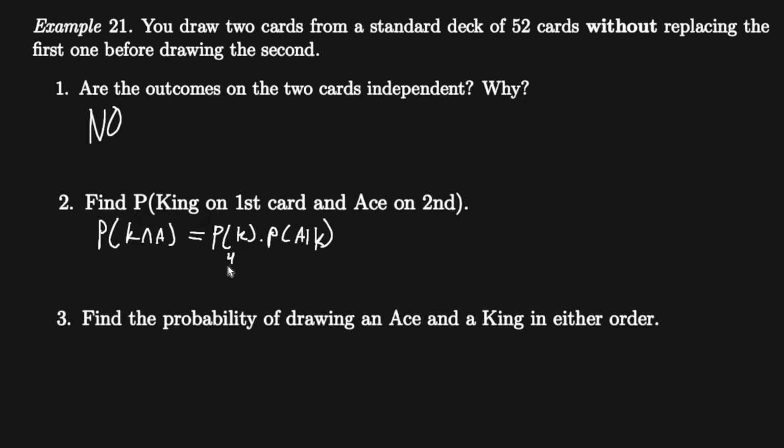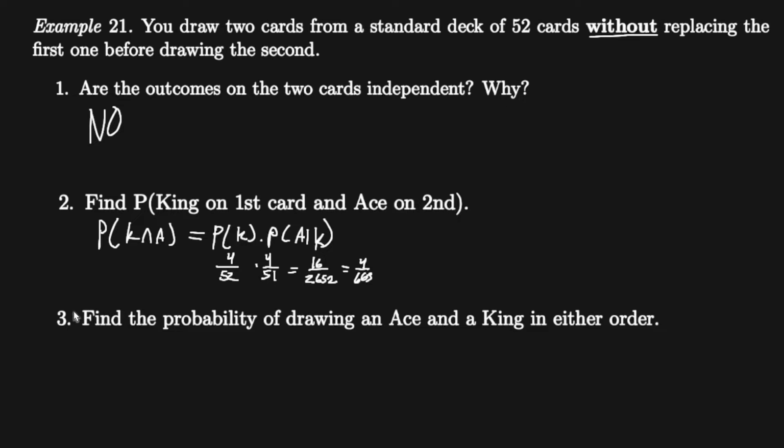There are 4 kings out of 52 cards. And then ace, there's also 4 aces, but remember, this is without replacement. So it's 4 over 51. That is equal to 16 over 2,652, which gets reduced to 4 over 663.